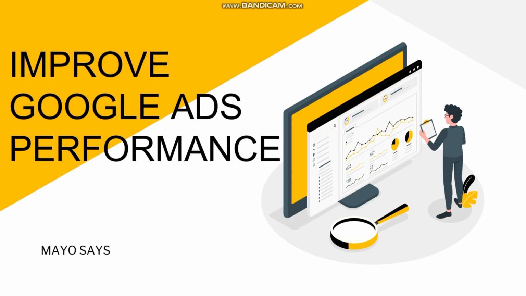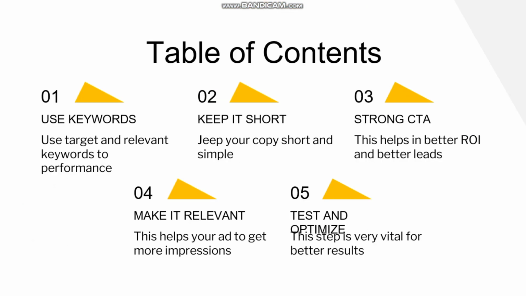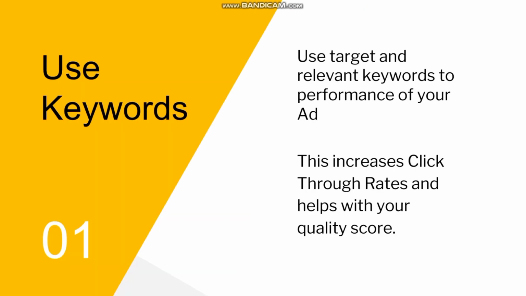Improving Google Ads means you have to improve your quality score, your landing pages, and your click-through rate, and I have already posted a video about how you can improve your Google Ads CTR by some regular practices. Today I am talking about how you can improve your complete Google Ads performance. The table of contents is here, and the first point is use keywords.